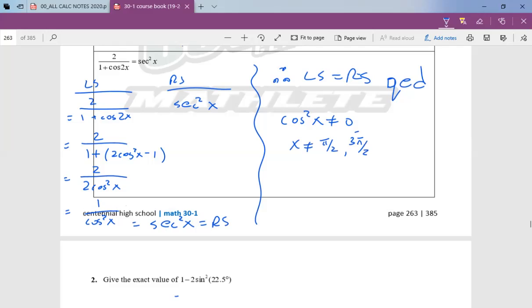Square root, right? Cos x is 0, square root of 0 is 0. So maybe I should state that x cannot equal pi halves plus pi n, where n is an integer.